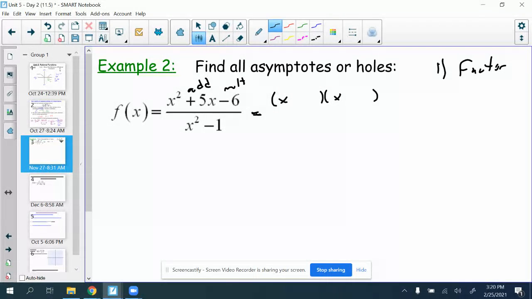Be careful with this one. We can't use -2 and -3 or +2 and +3 because they wouldn't multiply to a negative. So I would use +6 and -1. On the bottom, they don't have a GCF, but this would be an example of DOPS. So x plus 1, x minus 1.